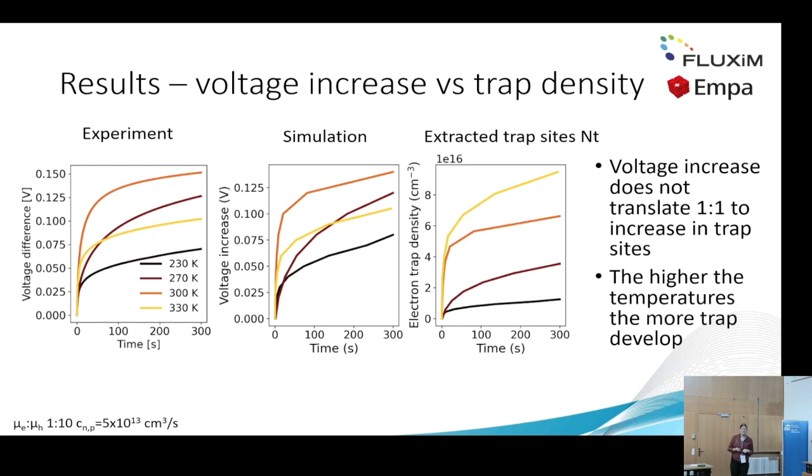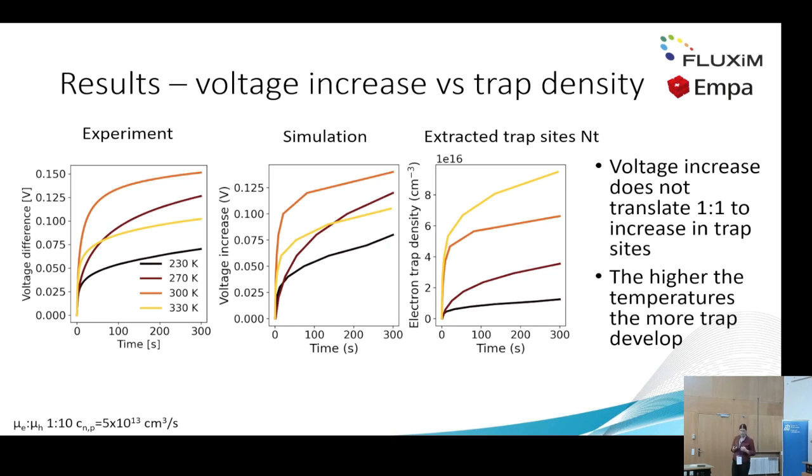Okay, so we did this kind of simulation now for all kinds of temperatures that were available for us experimentally. And here on the left-hand side, I show you an experiment where we just stress the device for 5 minutes at 10 milliampere per centimeter square at 230 Kelvin, 270, 300, and 330.